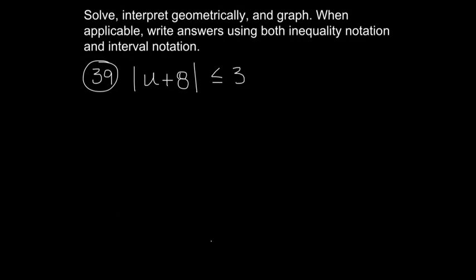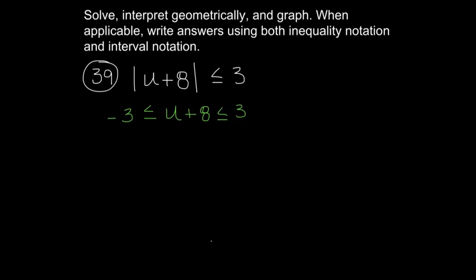Saying that the absolute value of u plus 8 is going to be less than or equal to 3 means that it has to be contained between that negative 3 and positive 3. So if I write this as a single interval, or a single inequality rather, I can say negative 3 is less than or equal to u plus 8, which is less than or equal to 3.